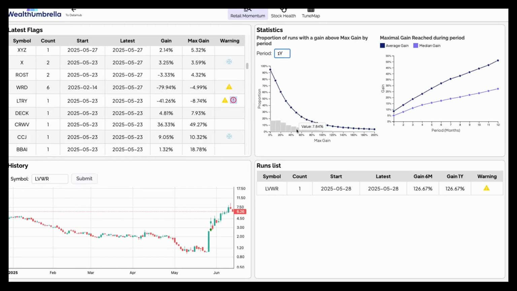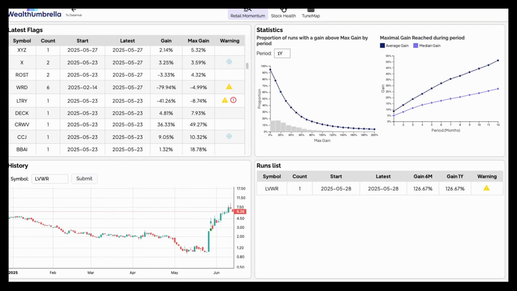So that's also to show where much of the runs ended up to be, which is between 10 and 20% in that case, and it goes almost to 0 at the end. As you can see, there's a 0.34% of runs that reached 200% within a year. And then we have the maximal gain reached as the average and median.